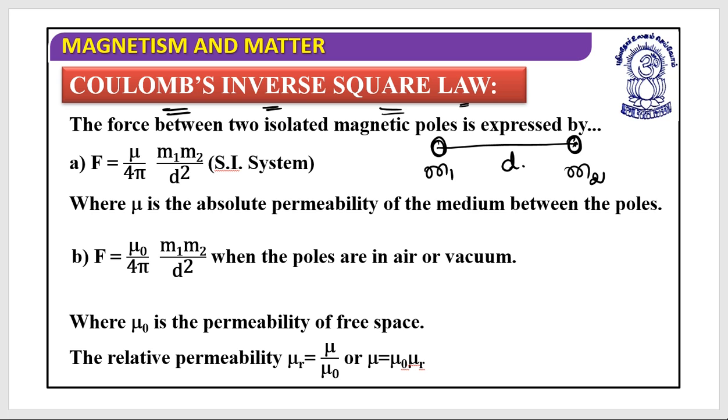This is just a hypothetical concept that monopoles exist, because we want to compare this with electrostatics. In electrostatics, a single charge does exist: positive charge alone can exist, negative charge alone can exist, but a magnetic monopole does not exist.